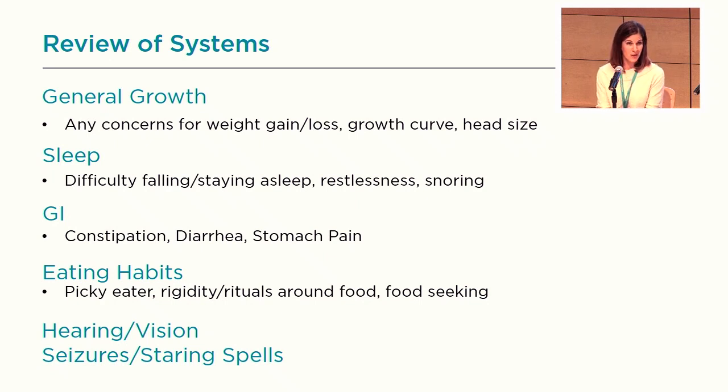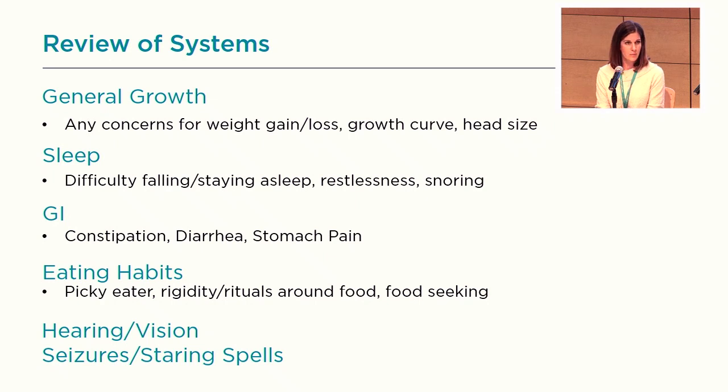A very common area that children with autism have difficulty with is the area of sleep. So we ask lots of questions around sleep, whether there's difficulty falling asleep, difficulty staying asleep, whether children may be really restless or if there's significant snoring. Difficulty with sleep can really affect a child in a number of ways. So families come in with that concern, and then we ask lots of questions around that.